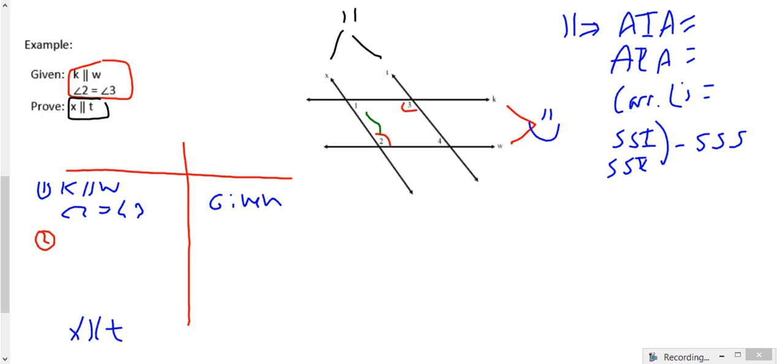So let's say, because we can, that angle 1 plus angle 2 is equal to 180. Now we know that because parallel lines imply same side supplemental. So now we've connected those two.